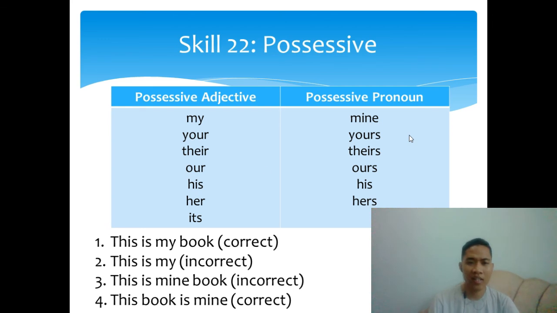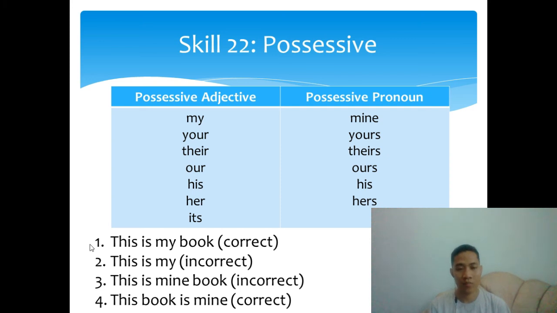Let's look at the sentences. Number one is correct. This is my book. Remember, my is a possessive adjective followed by the noun book. No problem. Number two is incorrect. Why? This is my. My is a possessive adjective, so there's no noun after that.